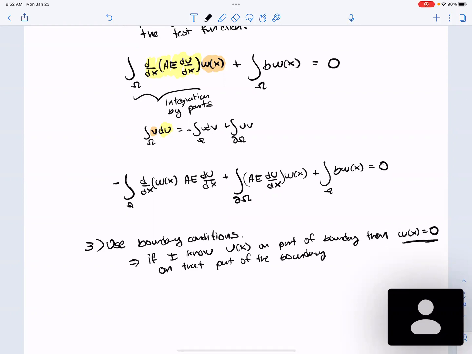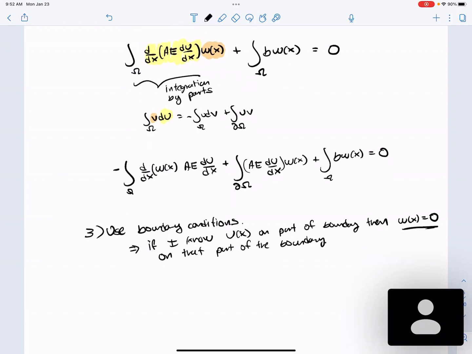So I'm gonna force that weight function or test function to be 0 whenever I know the displacement. And otherwise, if I don't know the u boundary condition, then simply substitute the derivative boundary condition.